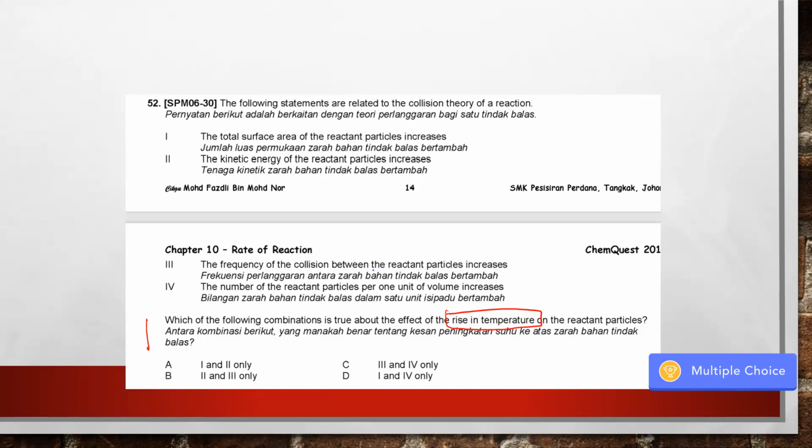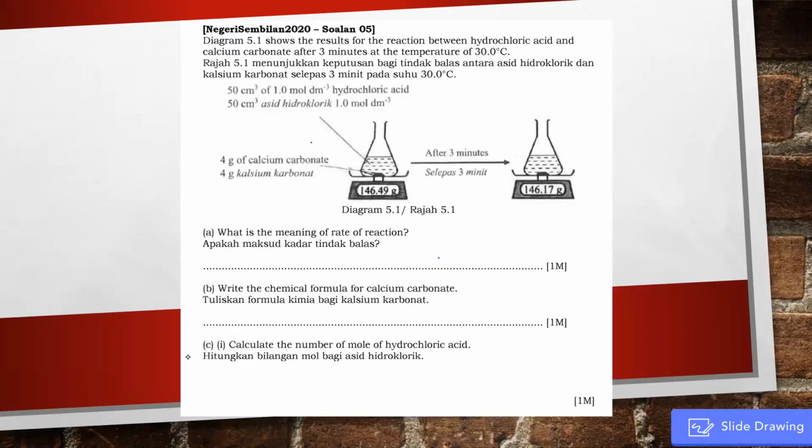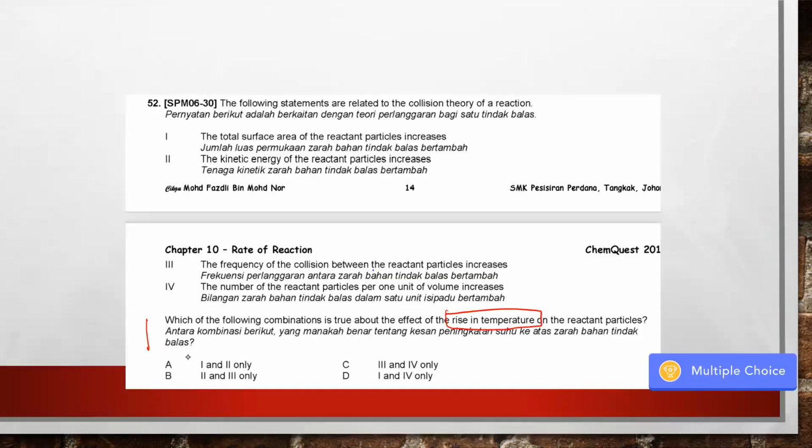For collision theory, I'm not sure whether I sent to your group before, but I'm sending it again. 2 and 3 is correct, because when I talk about temperature, I must talk about the kinetic energy. After that, I must always talk about frequency of collision.